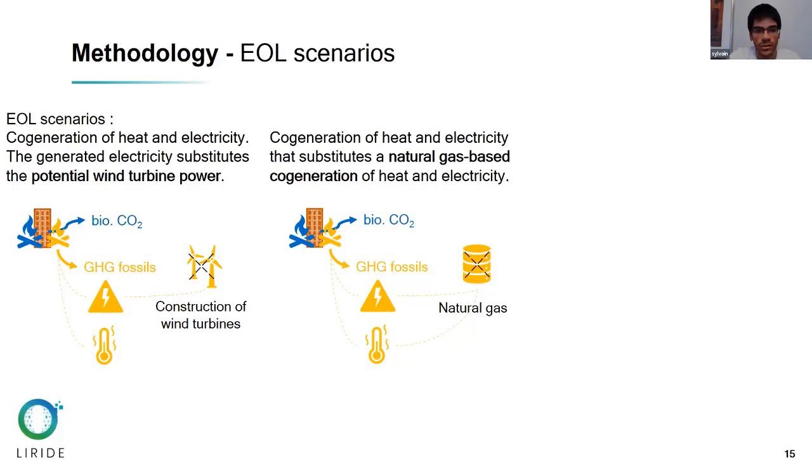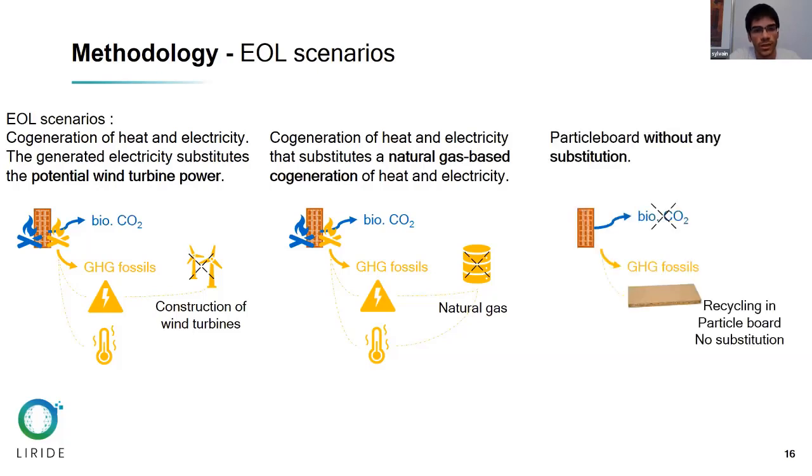The second scenario that you see in the middle also guarantees electrical supply. There are also biomass cogeneration plants that incorporate a backup boiler of equivalent capacity, one with natural gas.